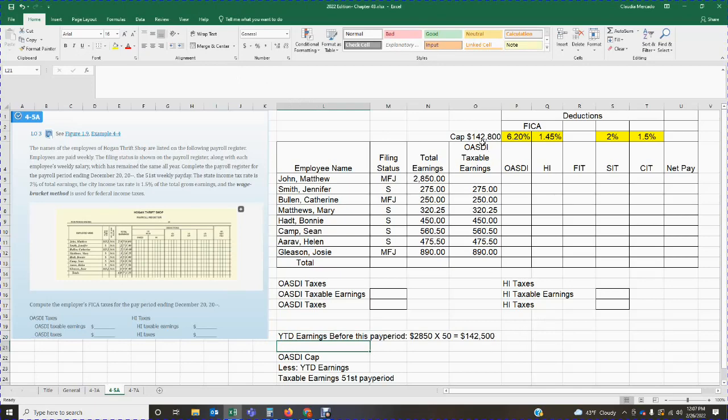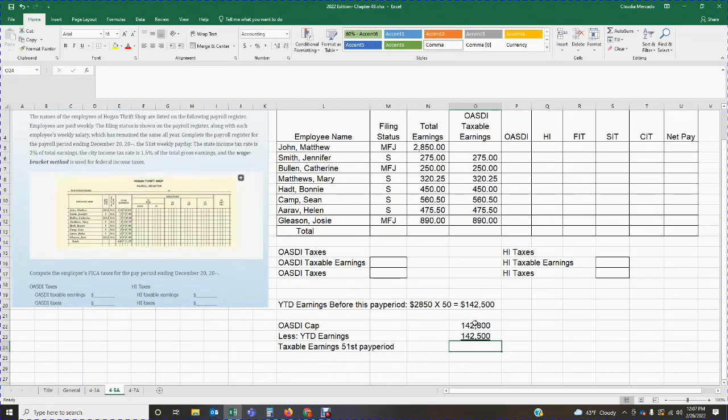The cap is $142,800. I know that he has already earned $142,500. I'm going to subtract my cap less my year-to-date earnings of $142,500, and that is going to get me the amount that is going to be taxable in this 51st paycheck.